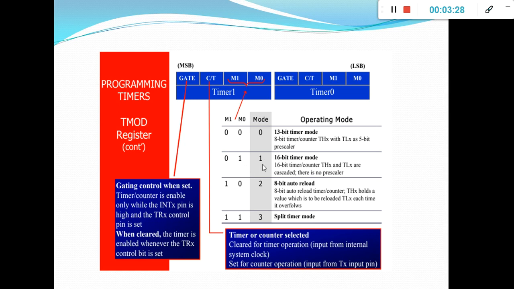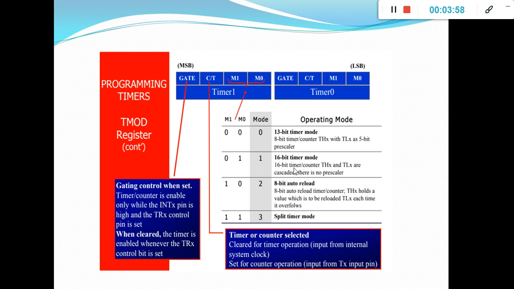Second, if you put 0 1 in M1 and M0, mode 1 is selected. Mode 1 is a 16-bit timer mode; the entire size of the timer is 16 bits. It is only for the timer or counter, so you see a 16-bit timer or counter made of THX and TLX. When you cascade THX and TLX, the entire timer is 16-bit.